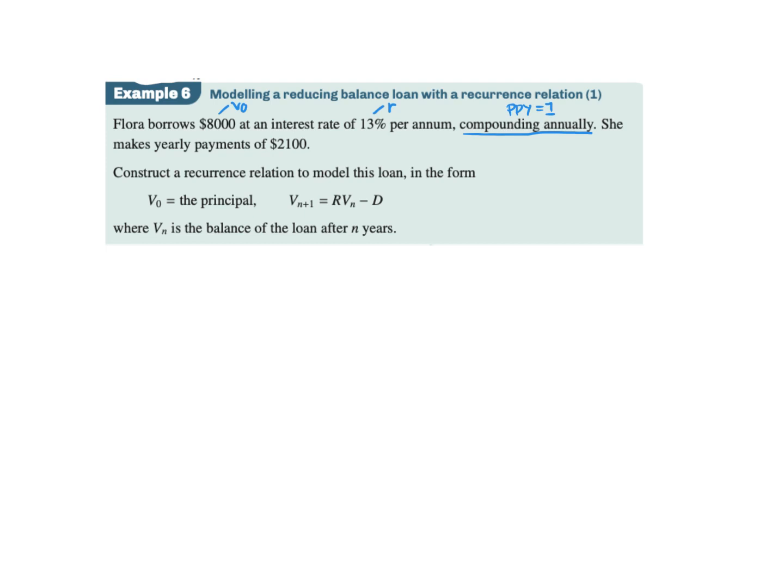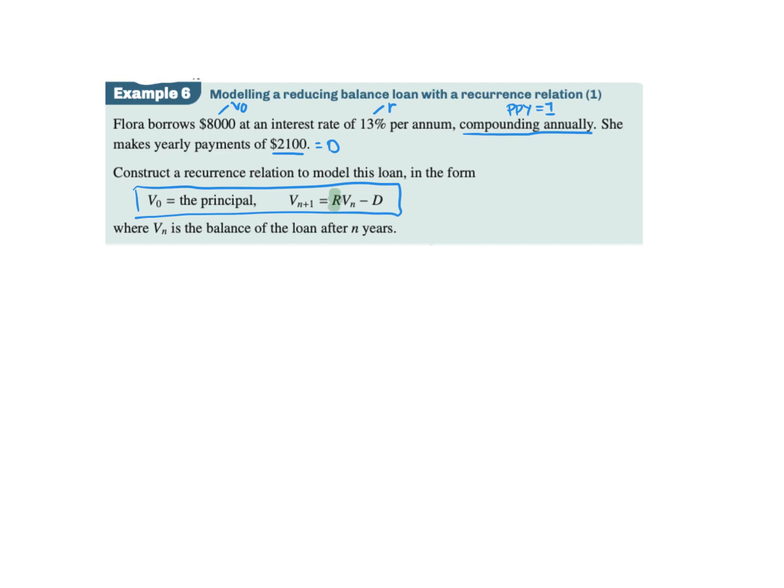She makes yearly repayments of 2,100. So this is our D value in our scenario. It says construct a recurrence relation to model this loan in the form of, so they've given you the basic formula there, which we have in our notes as well. So we know that this value we need to calculate ourselves.